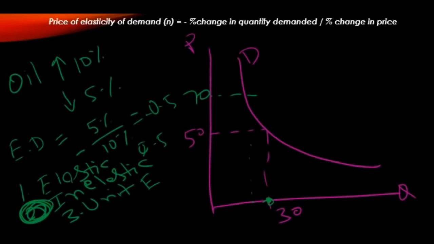Why are you calling it inelastic demand? Because there are not many substitutes available in the market. And always when you calculate the percentage elasticity of demand, for inelastic the value will be less than 1.